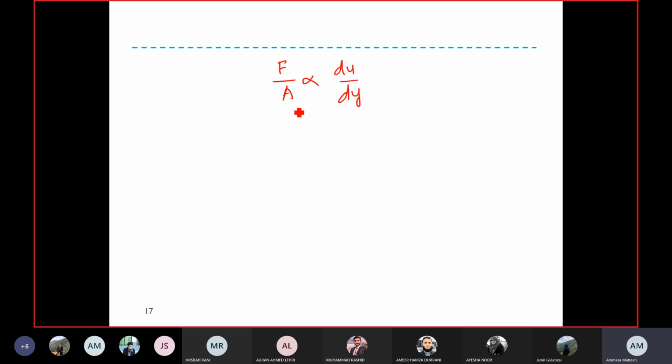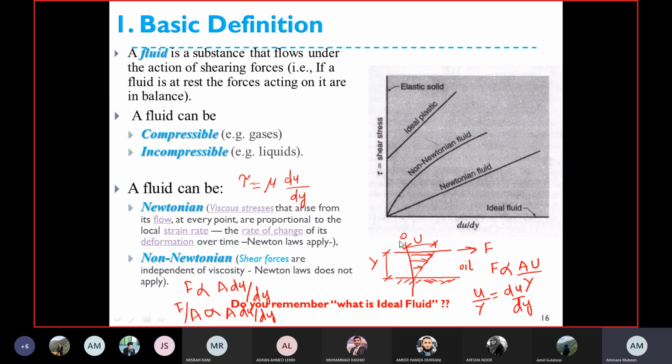So that was the derivation from Newton when the top plate is moving, the bottom plate is fixed, and the oil is also stationary.